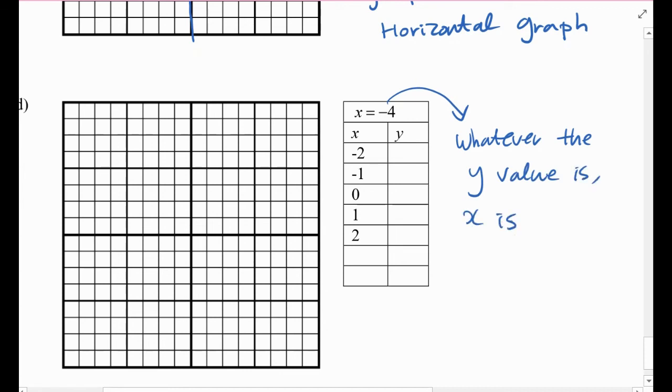So regardless of what y value you have, x is always -4. So there's a mistake here. I should have put -2, -1, 0, 1, 2 over here. So whatever the y value is, x is always -4.